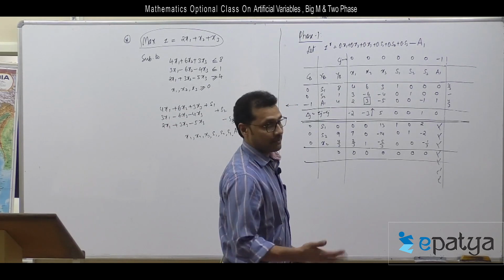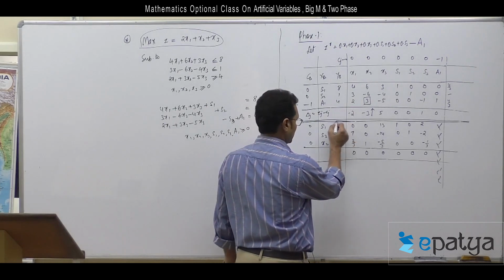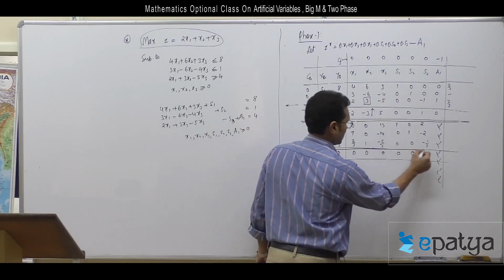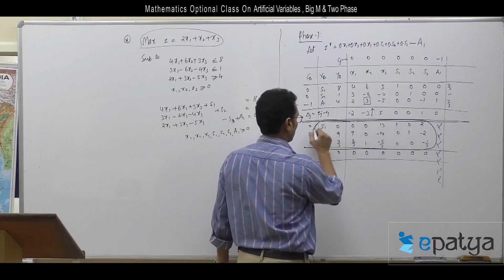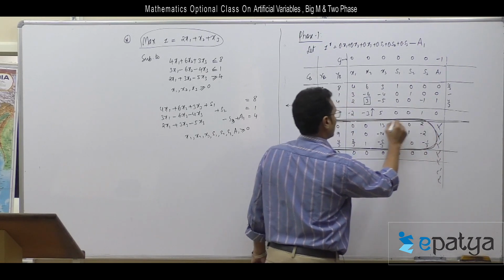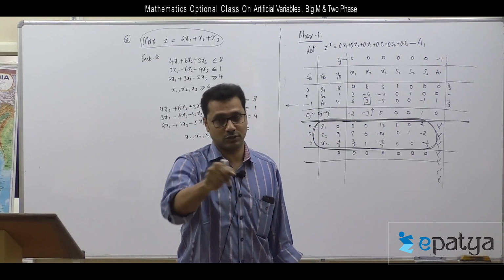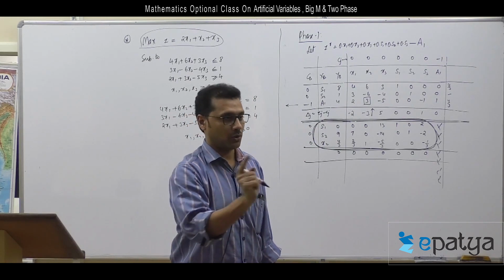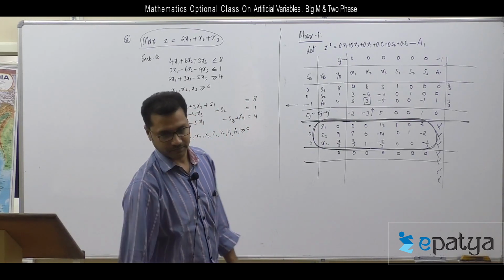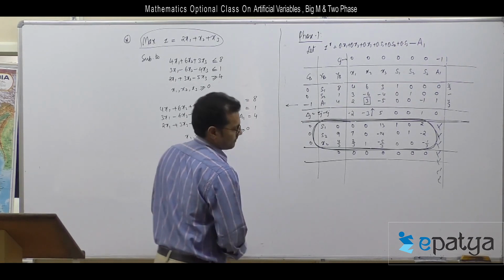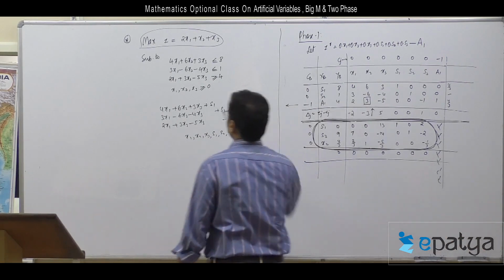Next. So what happens now? This box becomes the initial basic feasible solution for phase 2 with the original objective function. Okay? Next, phase 2.